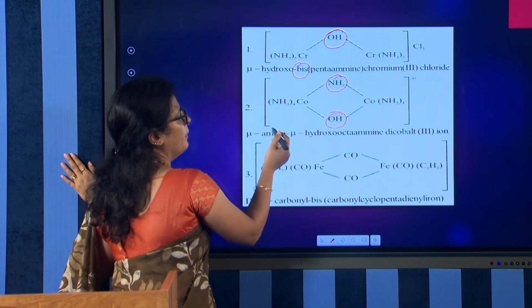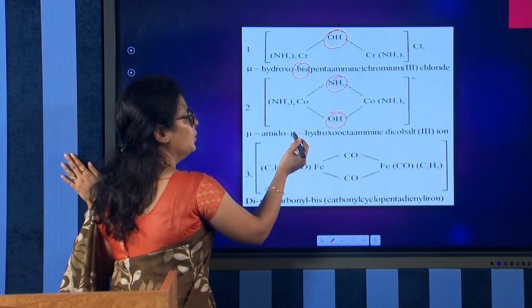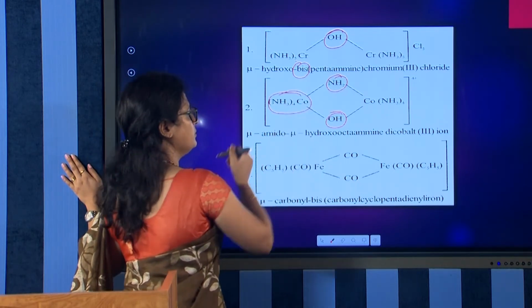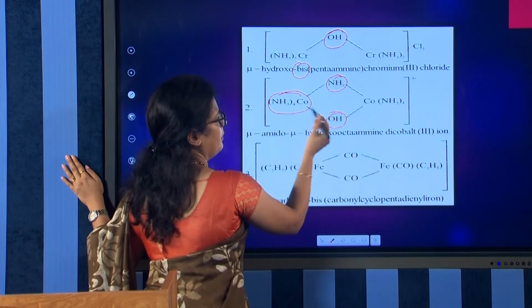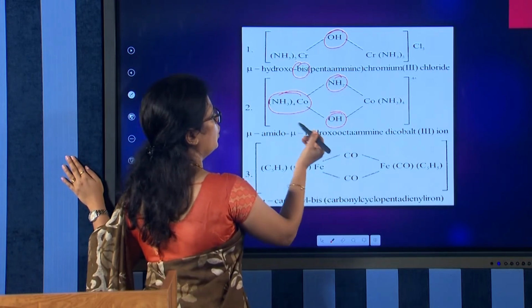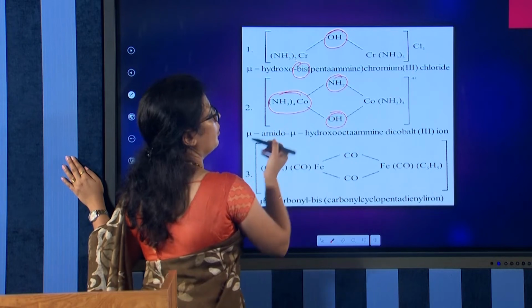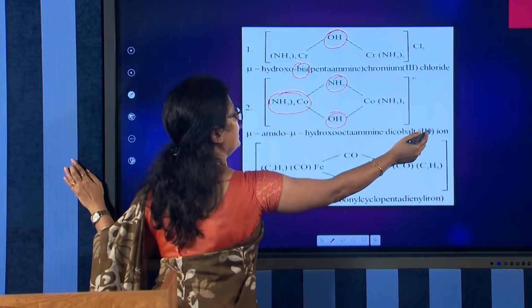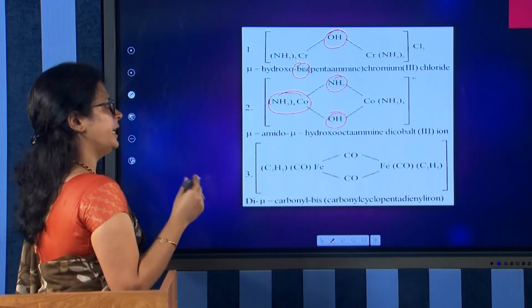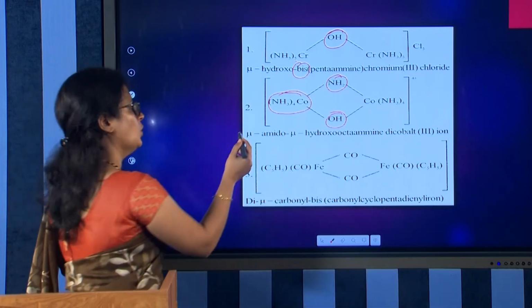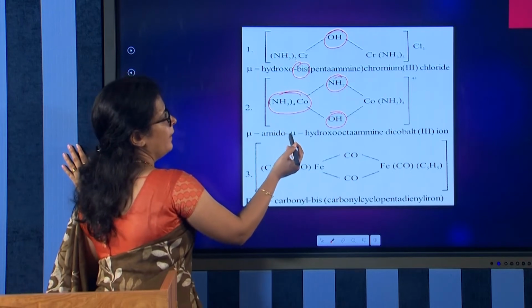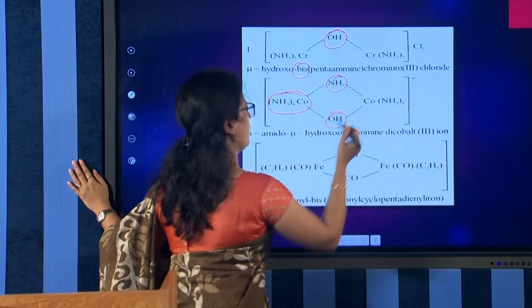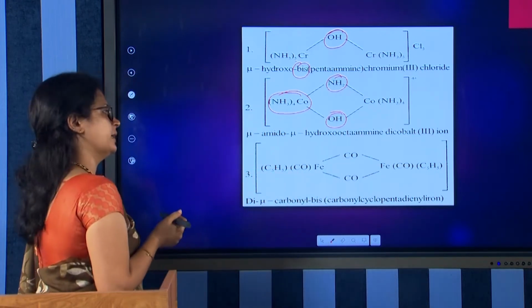So mu-amido, hyphen, mu-hydroxo. Now we are coming to this part. It is tetramine hydroxo, tetramine dicobalt. Dicobalt means there are 2 cobalt and 3 ion. Actually the name can be given like this also, mu-amido, mu-hydroxo, tetramine cobalt 3 ion. It can be like that.